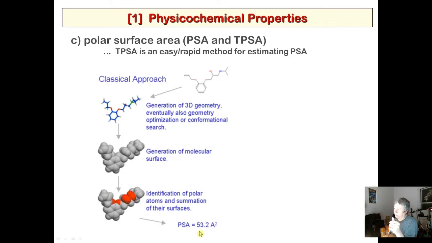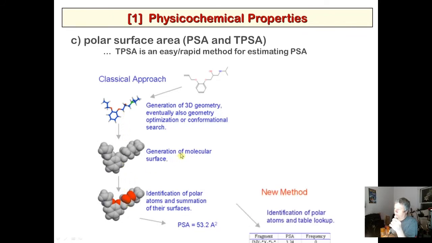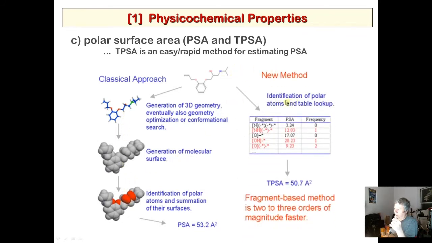TPSA does the same thing, but it never converts to 3D, so it works pretty well and is a very rapid way. PSA is not super slow, but if you're doing this for 1,000 or 1,000,000 molecules, it may take a while. TPSA basically looks for the polar functional groups, and it gives them numbers that can be added up.